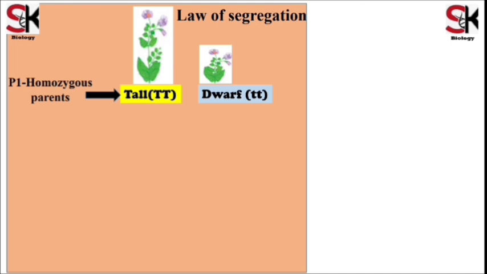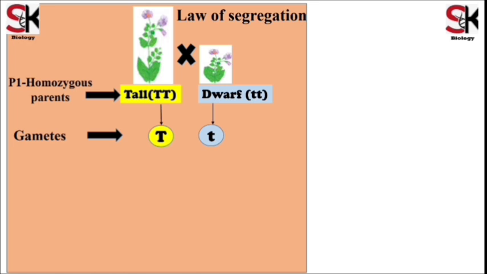Hybridization between homozygous parents first leads to segregation of alleles during gamete formation. The homozygous tall plant will produce gametes with the tall allele, and the homozygous recessive parent will produce gametes with the dwarf allele.